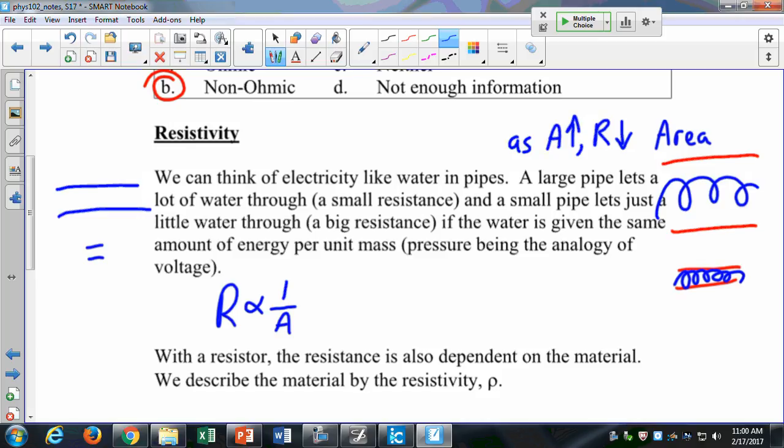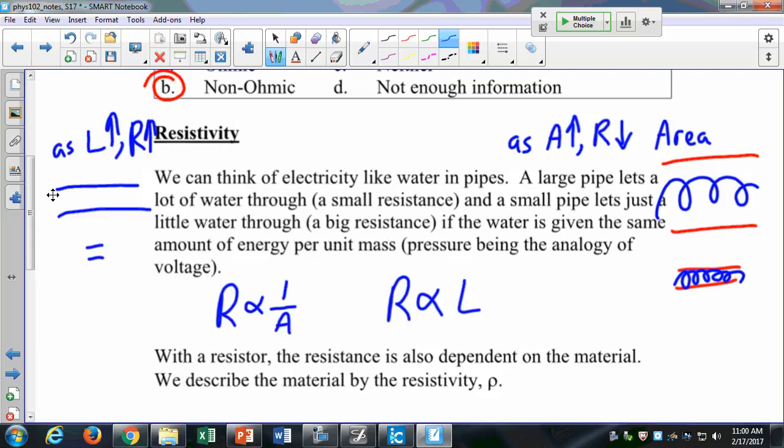Whereas for the length, R is proportional to the length. And that says as the length of your resistor increases, then the resistance is also going to increase. It's harder to push water through a hose that's a mile long than a hose that's just a few feet long. And so we have these two relationships, and then we can sort of put them together.